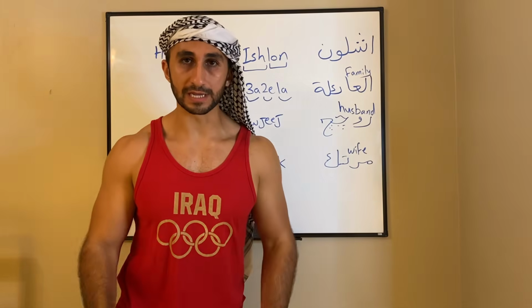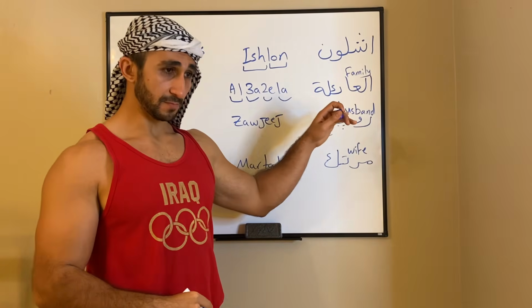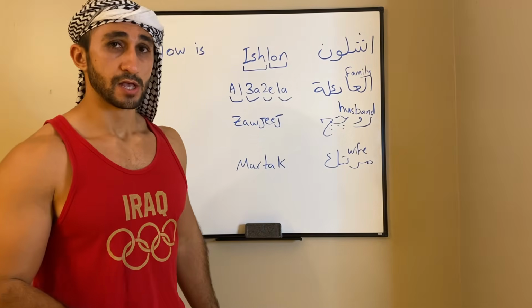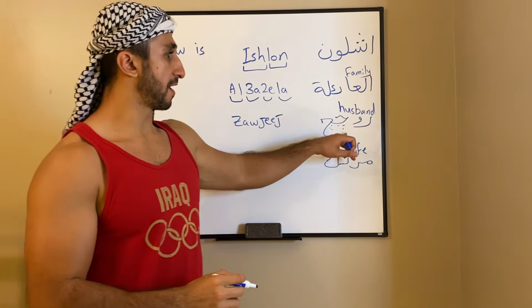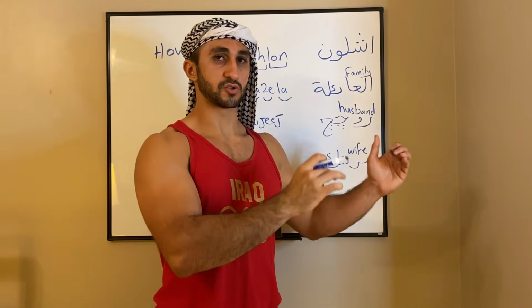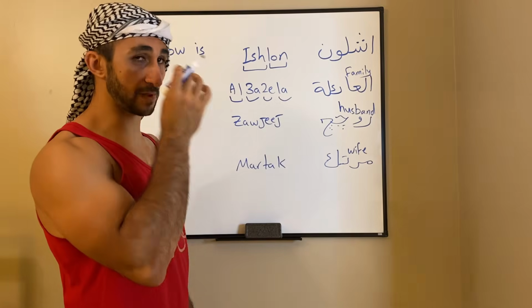How is the family? Okay? If you're trying to ask someone about her husband, for example. Okay? So this is all for female already. So I changed the word husband to a female form, okay? Because you're asking a female, how is the husband?